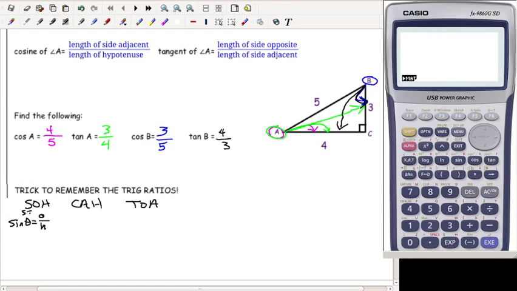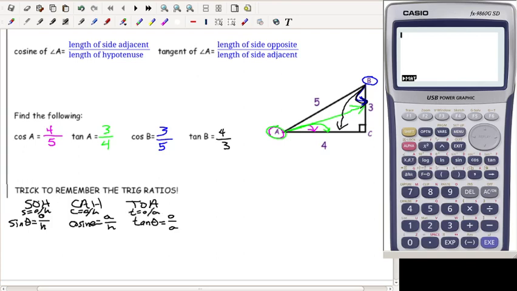So S equals O over H. The cosine of any angle, that's what the C stands for, equals the adjacent side over the hypotenuse. So C equals A over H. And the tangent of any angle is equal to the opposite side over the adjacent side. So T equals O over A.